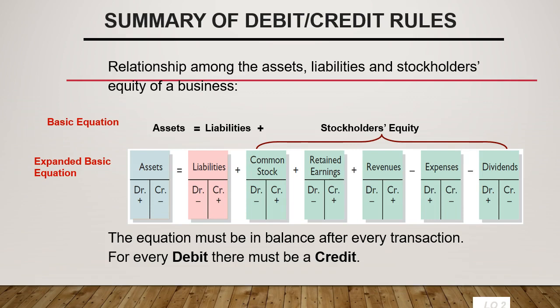The first D, of course, stands for debit. The A stands for assets. The D stands for dividends. And the E stands for expenses. Those are the accounts that will always increase on the debit side.